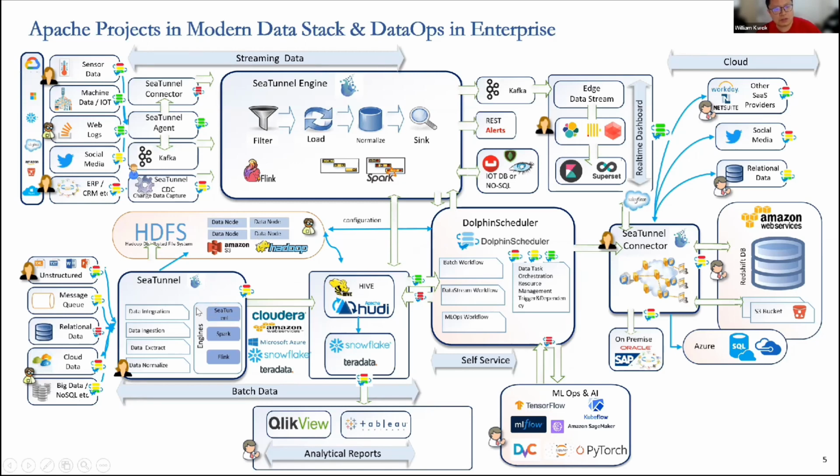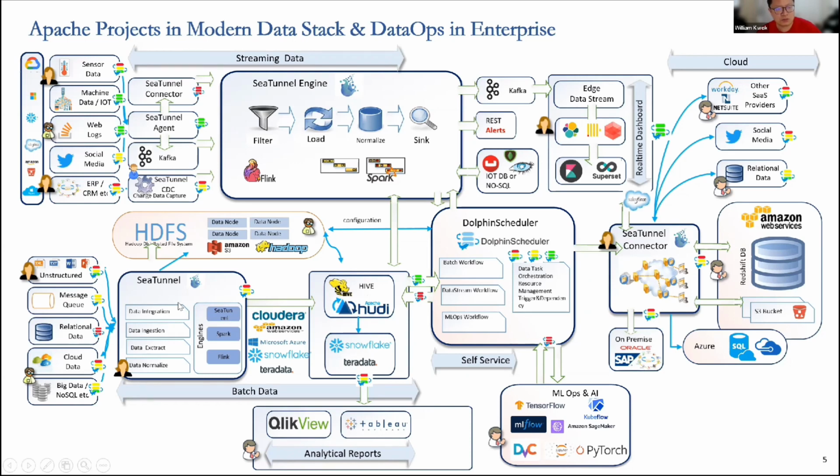Or you can load the data to Hive or to Apache Hudi, to the data lake, and do more transformation. And sometimes people will use both data lake and data warehouse together. Then you can sync the data from Hive or Hudi to Snowflake, or to Teradata, something like that.